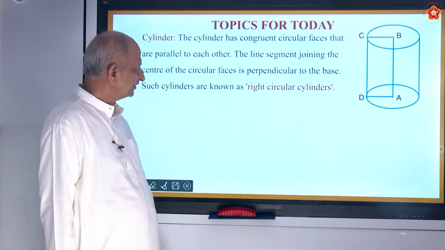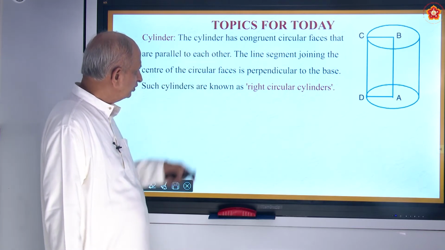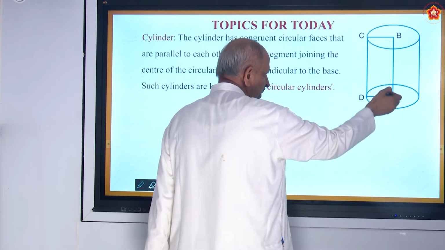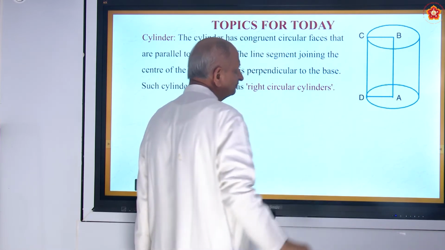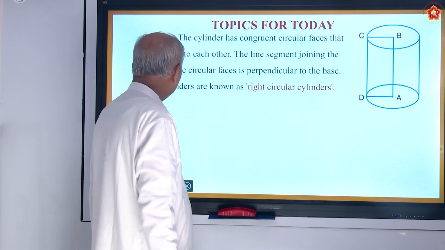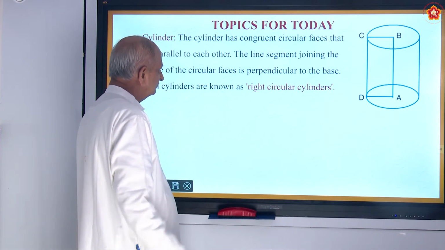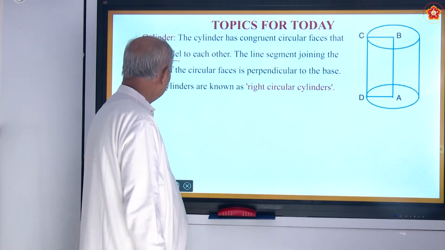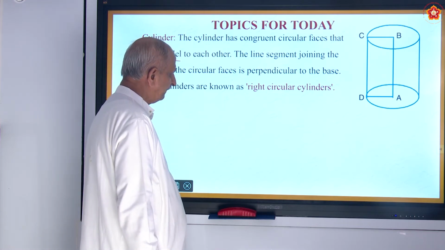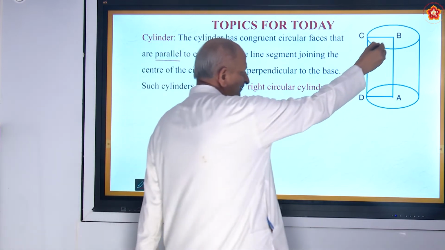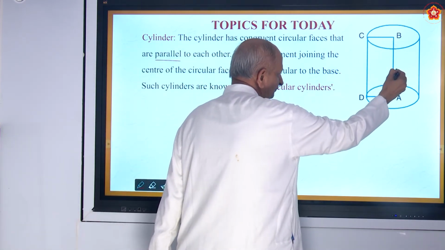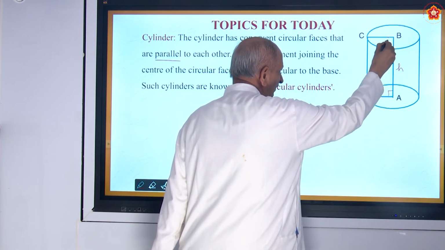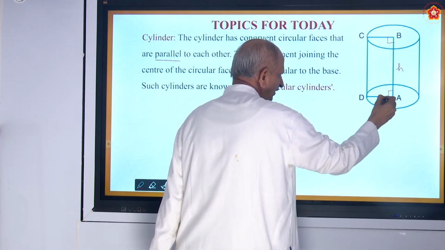So here is a cylinder. It has got two congruent circular faces, top and bottom, that are parallel to each other. The line segment joining the centers of the circular faces is perpendicular to the base. So this line joining this is perpendicular to the base, and this we call radius r.